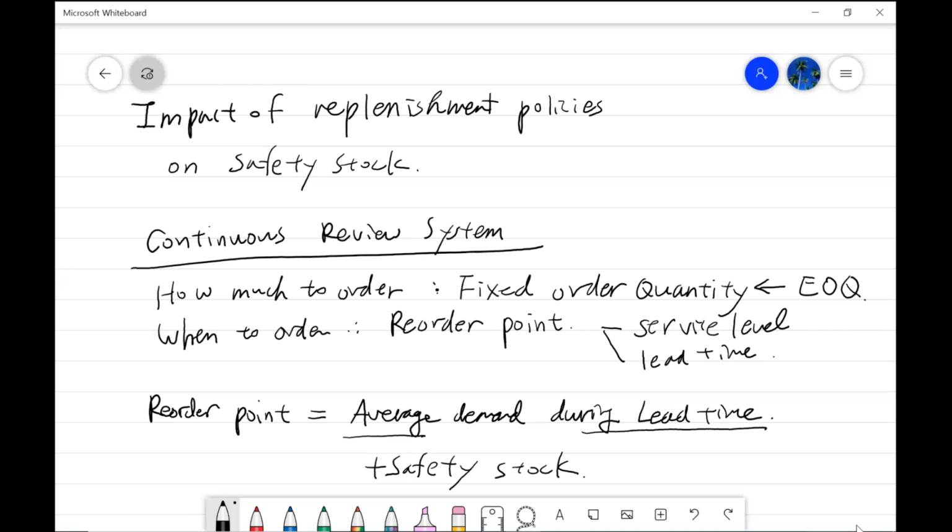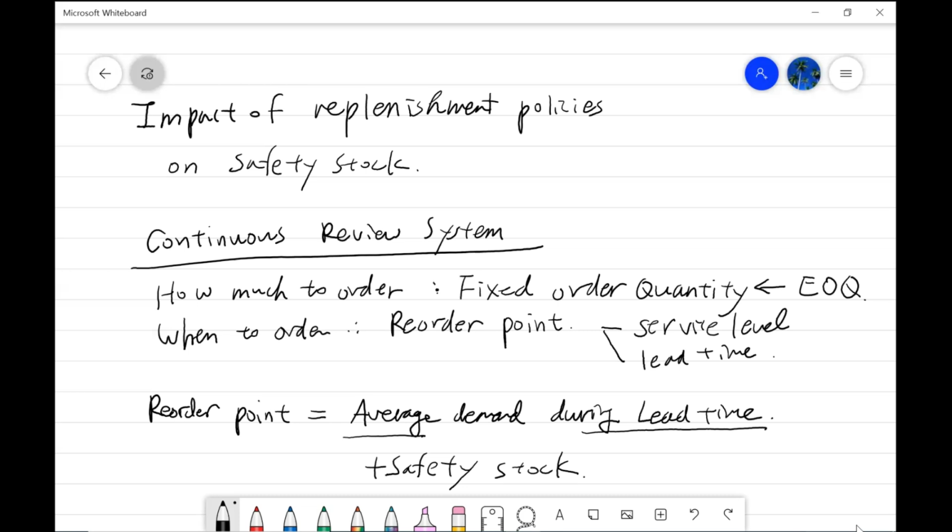Because if you hold just the average demand during the lead time, just the average, then there is about a 50% chance that you are not able to provide service to your customer using the available product in your warehouse. Okay, so that's not enough. Why? Because in this situation, we assume a more realistic assumption. What is that? The demand is uncertain.